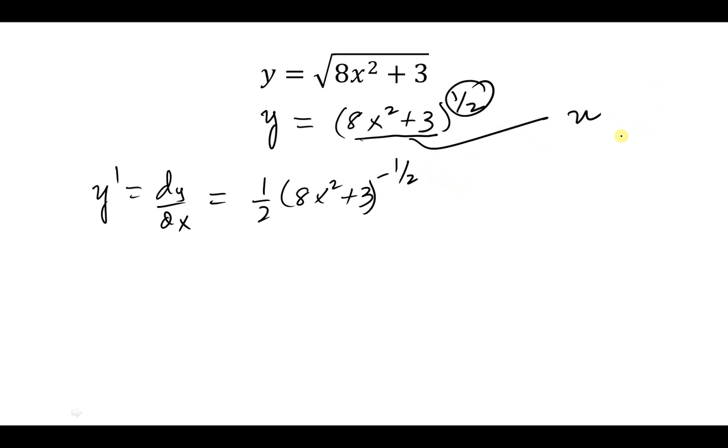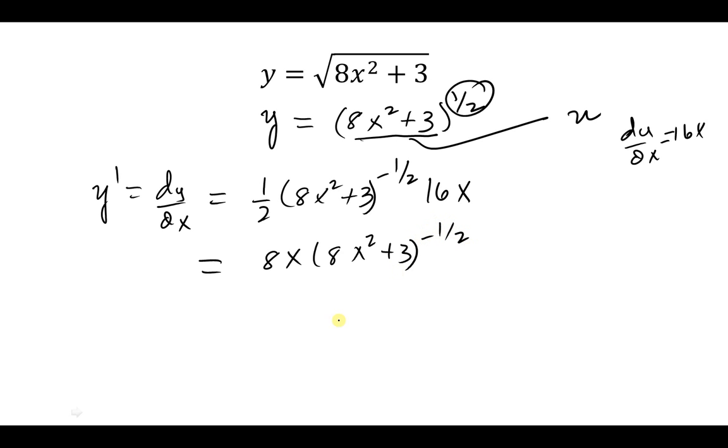Well, du dx is just 16x, so we're going to multiply this by 16x, and then as you can see, we can take 1/2 times 16x and get 8x times 8x squared plus 3 to the minus 1/2 power.